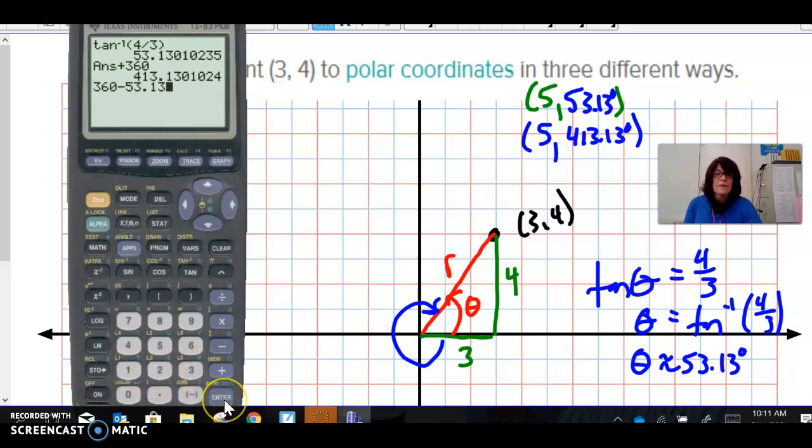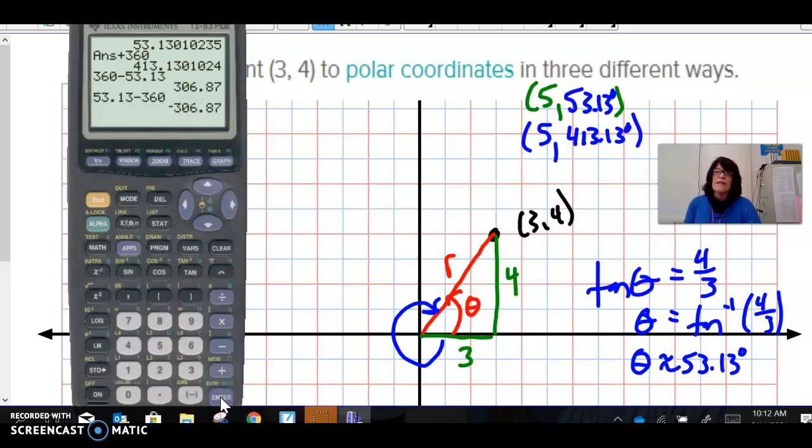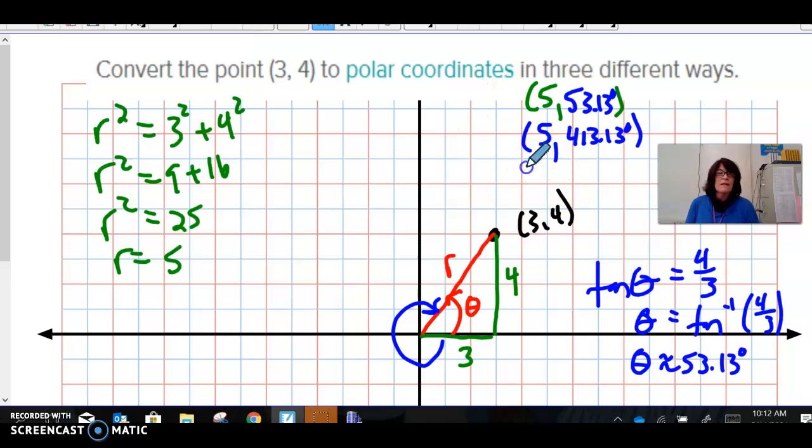Right? Wouldn't that give me how many degrees this is in the negative direction? Okay, well, I should have taken, sorry, I want to get the negative angle. 53.13 minus 360. And we'll get negative 307.87 degrees.